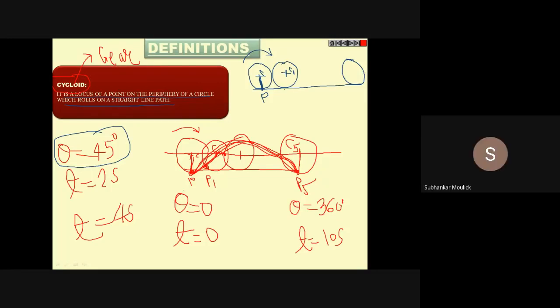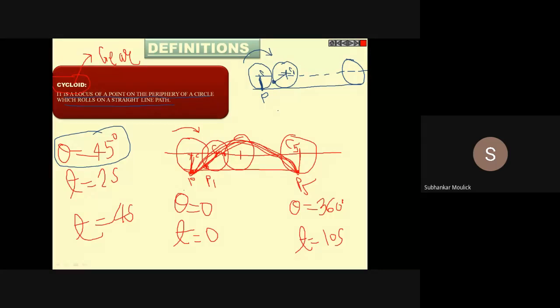But the line of action of the center point is the same. Yes or no? Yes, sir. Fine. But can you tell me where the position of point P is? Is point P the same as in the initial case, or has it changed? It has changed. So it will change by 45 degrees. Assume that this is the position of the new point P.